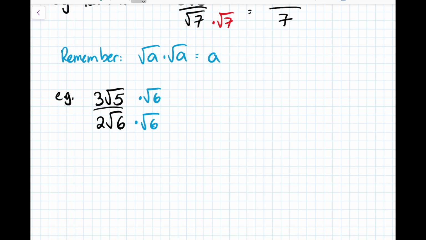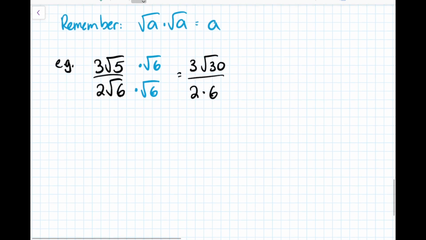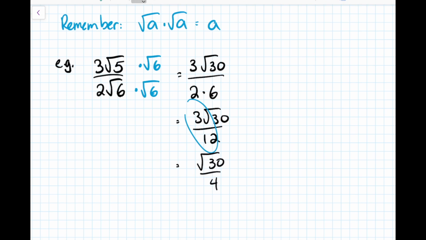So when we do that, on the bottom, 2 times root 6 is just going to be 2 times 6. On the top, that's going to be 3 root 30. And on the bottom, 2 times 6 gets me 12. And then we can simplify that 3 and that 12 to get root 30 over 4.